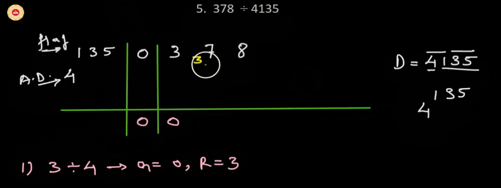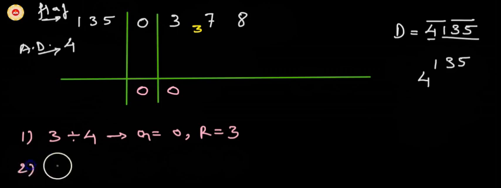Now this 37 is the gross dividend. Let us calculate the net dividend. But the net dividend will be 37 only, because for calculating the net dividend, we subtract the cross product of flag digits and last quotient digits from the gross dividend. But the last quotient digits are 0 and 0 and 0. Right? So the net dividend will be 37 only.